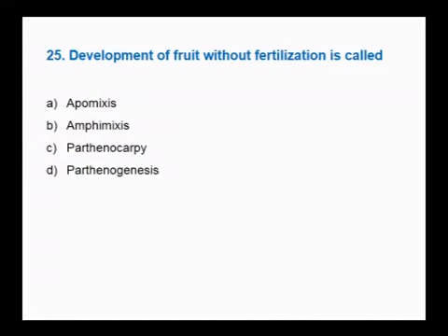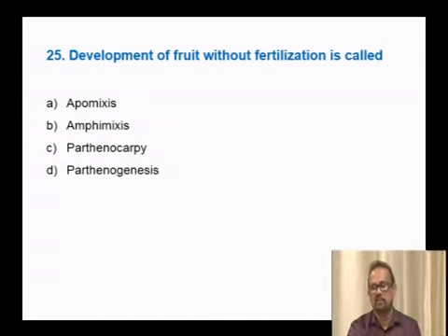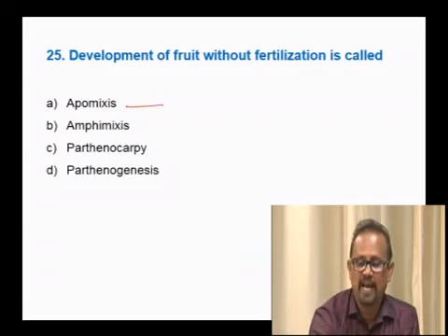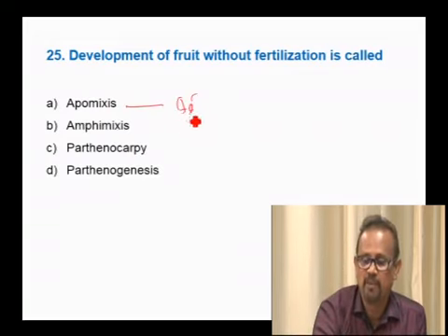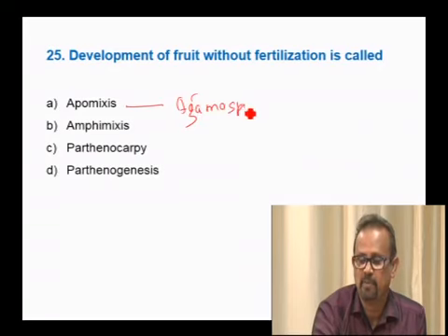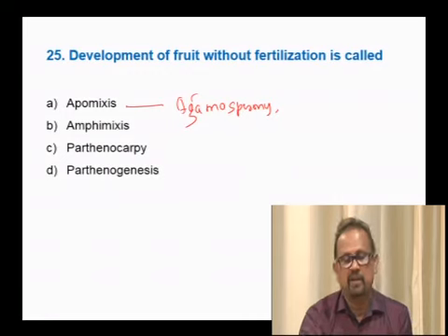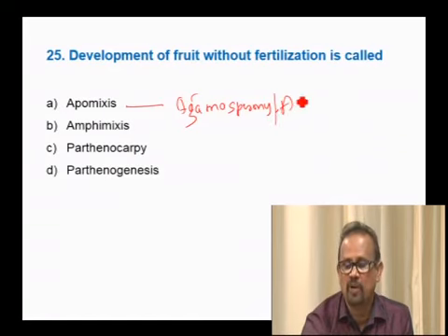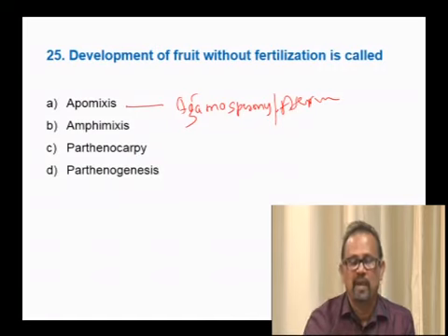Development of fruit without fertilization is called apomixis? Apomixis is also called agamospermy. It's nothing but asexual reproduction, which is characterized by non-fusion of the gametes. Agamospermy, or you can call it asexual reproduction, no problem.